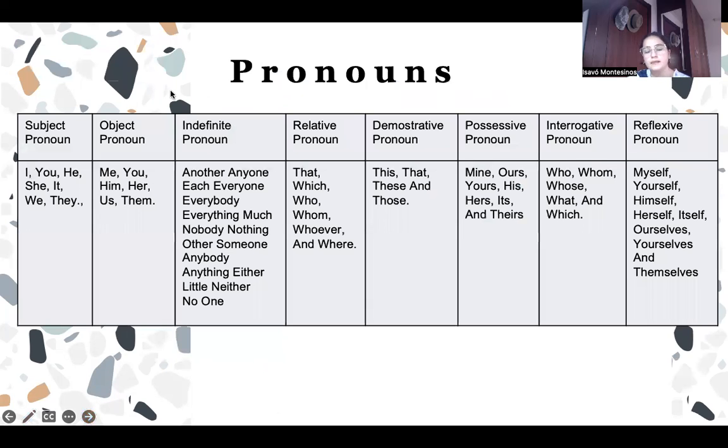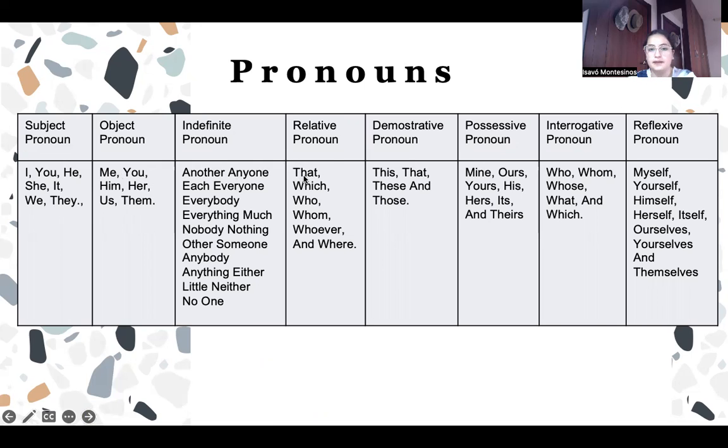Here we have all the categories of pronouns. Subject pronouns or personal pronouns are I, you, he, she, it, we, and they. Object pronouns: me, you, him, her, us, and them. Indefinite pronouns: another, anyone, each, everyone, everybody, and so on.